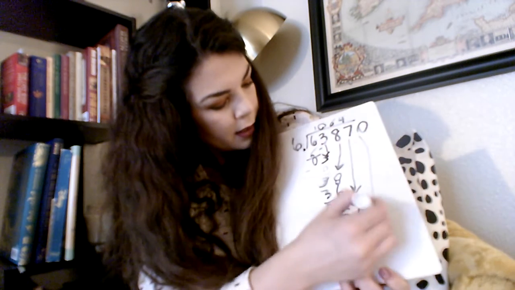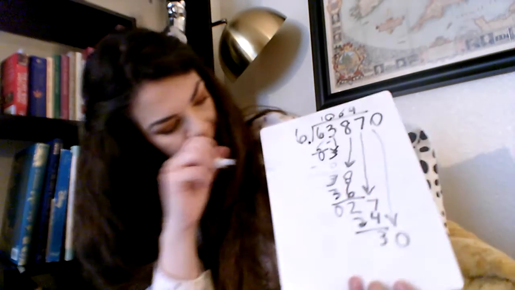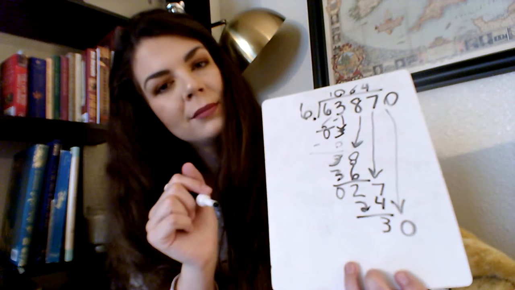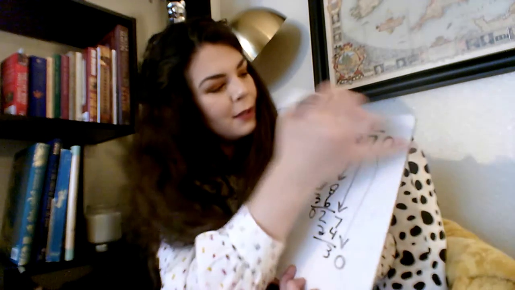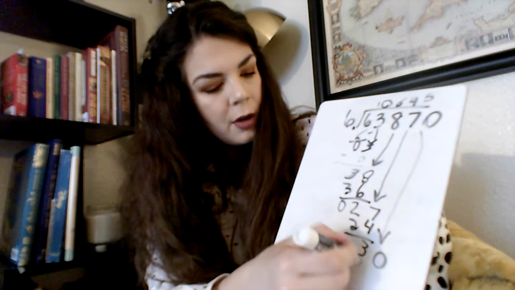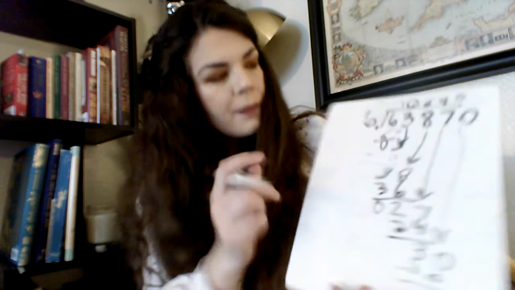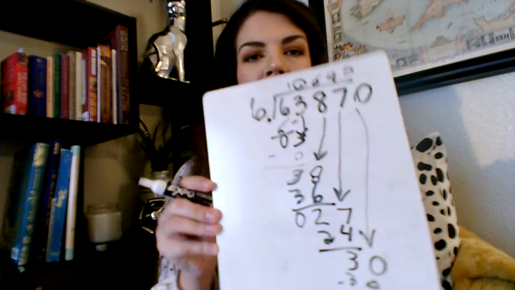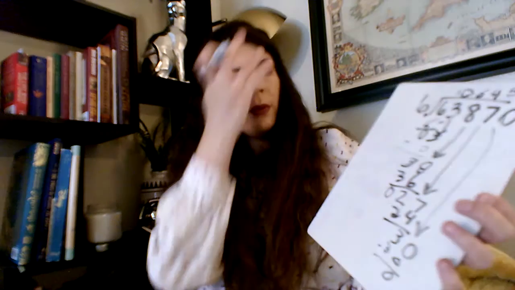And I drop my 0. Score, it's even. Alright, so how many 6s go into 30? 5. 6 times 5 is 30. Alright, so we didn't have to go and do any points at the end. Score. Hopefully this will be a lesson where we won't have any remainders like that yet.